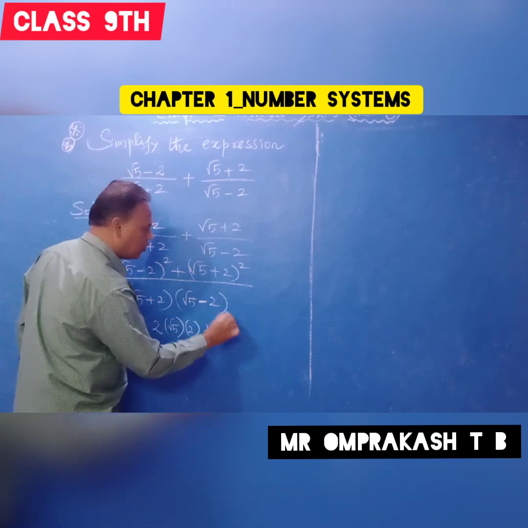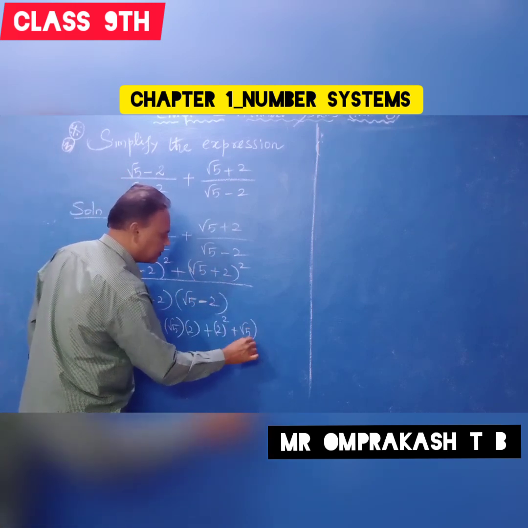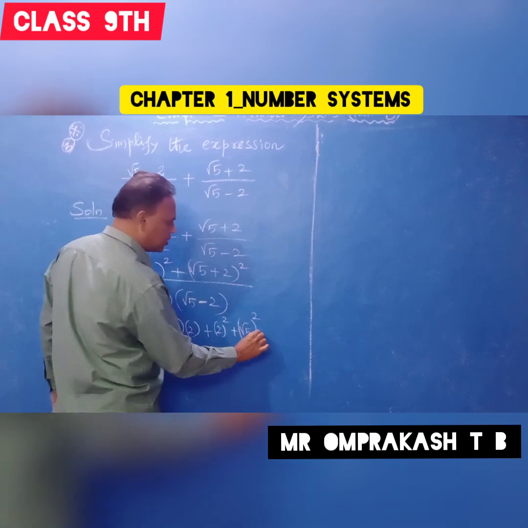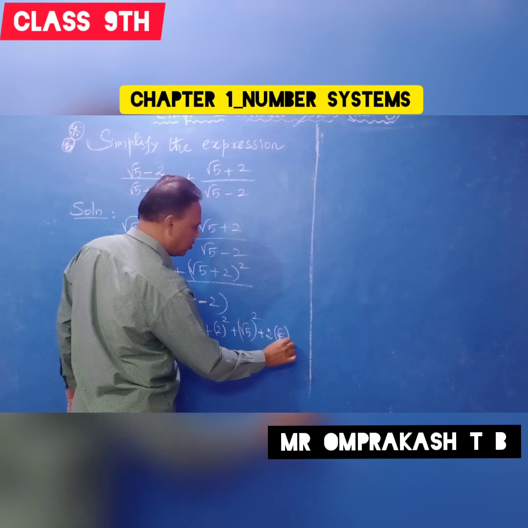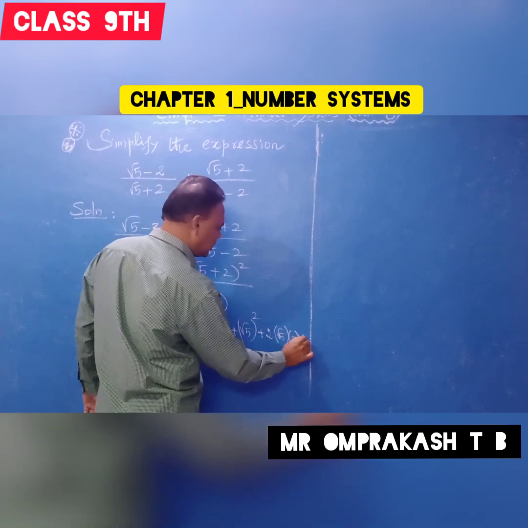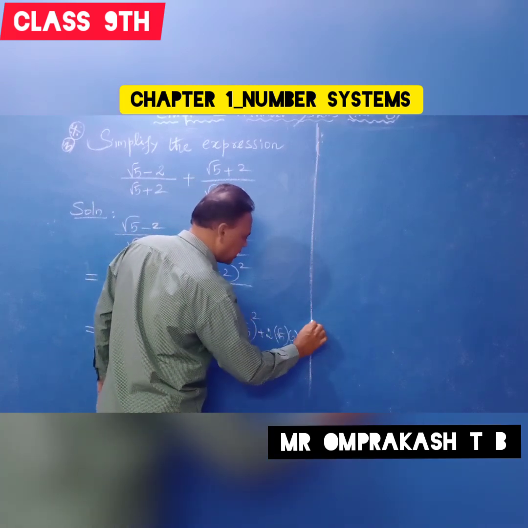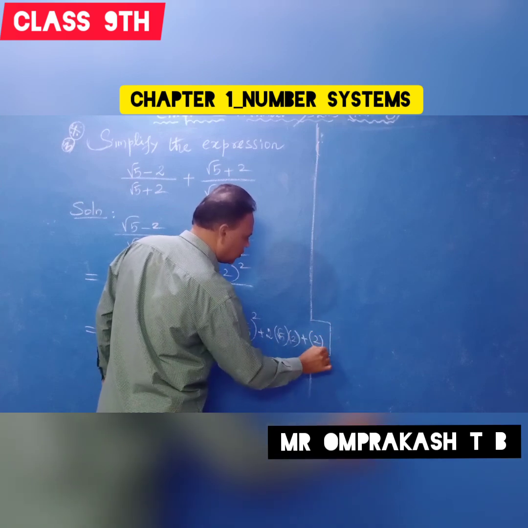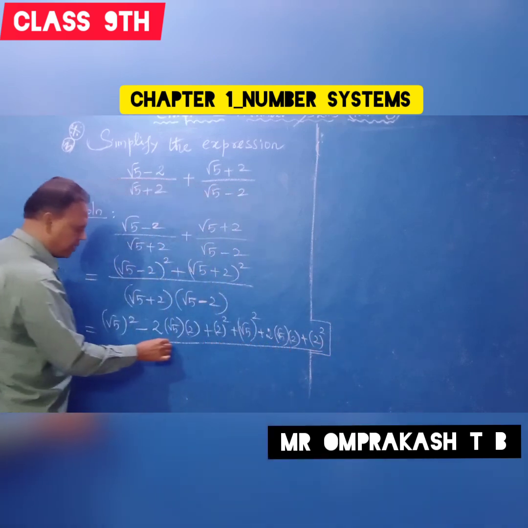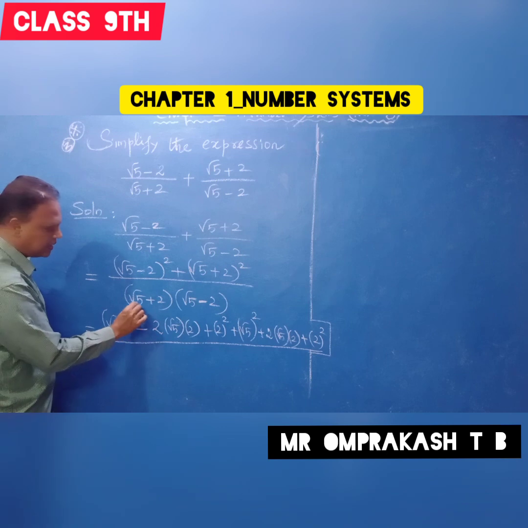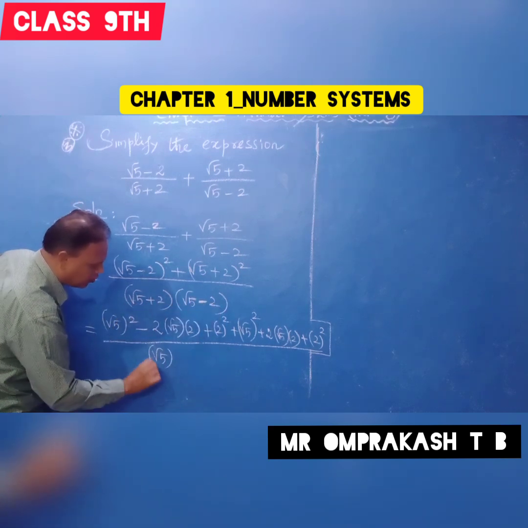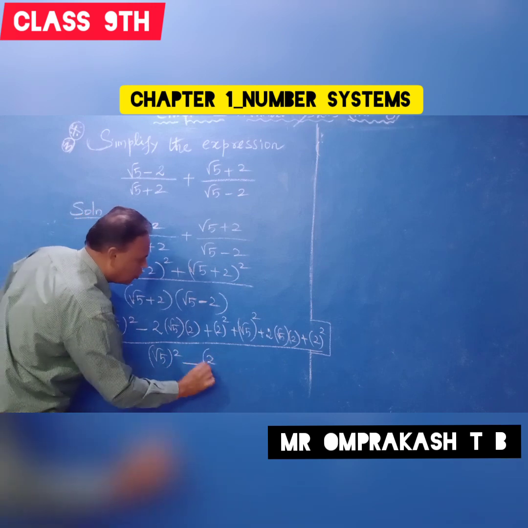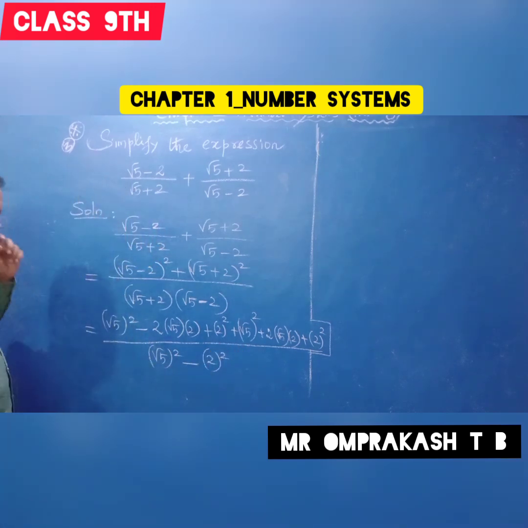Same way here also: root 5 the whole square plus 2 into root 5 into 2 plus 2 the whole square. The whole divided by the same a plus b into a minus b, that is a squared, root 5 the whole square, minus 2 whole square.